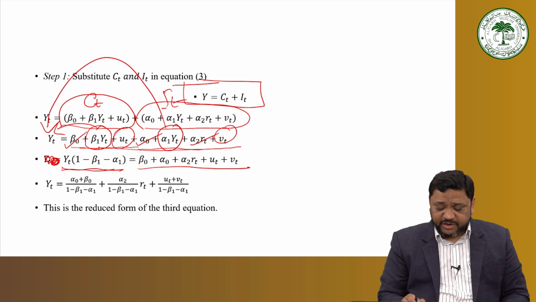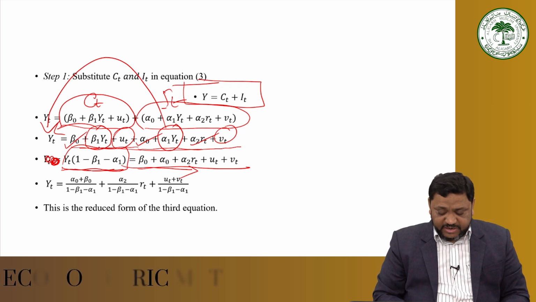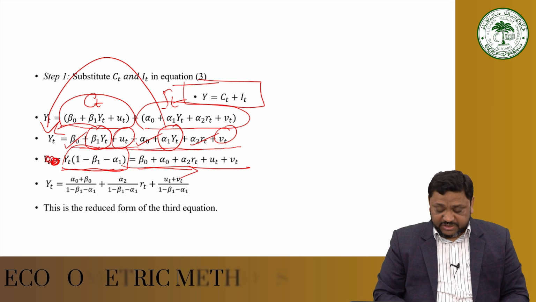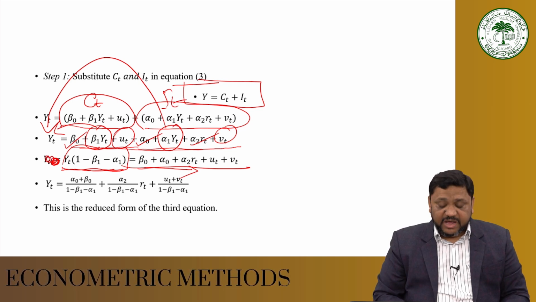Finally, we take this term to the denominator of the right hand side, so yt is equal to alpha naught plus beta naught divided by 1 minus beta 1 minus alpha 1, plus alpha 2 rt divided by 1 minus beta 1 minus alpha 1, plus ut plus vt divided by 1 minus beta 1 minus alpha 1.